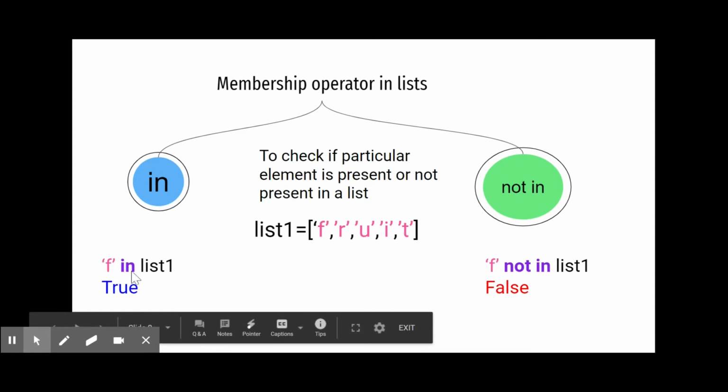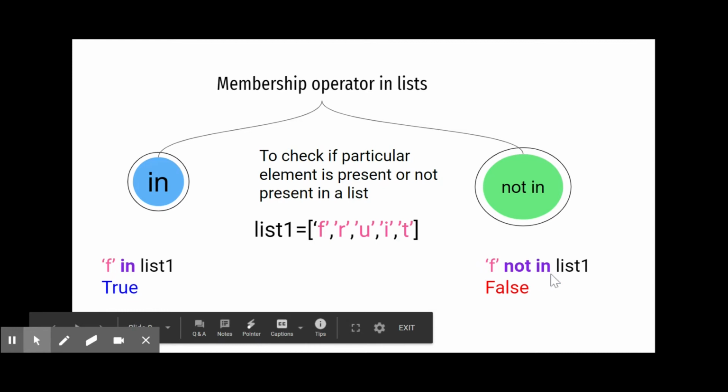So what is the syntax? First I'll specify the element that I'm checking, then the operator, which is in this case in, and the name of the list. So I'm saying a statement f is in the list. Yes, f is actually in the list, so my answer will be true.